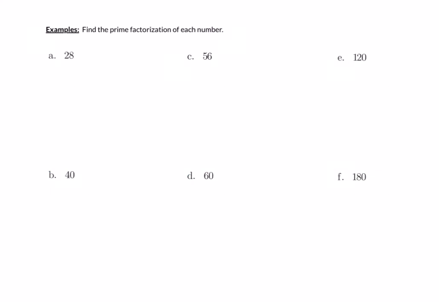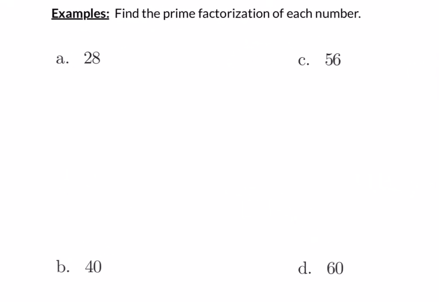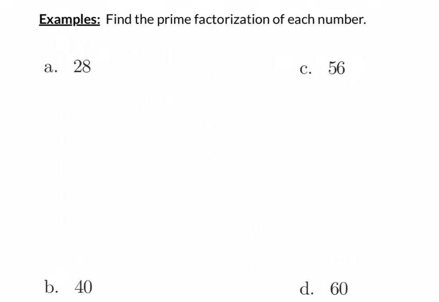The last thing we want to do is some prime factorizations. So, there's lots of different ways to do this. As long as you got it, I'm not really going to care how you get it, as long as you show your work. So let's start with 28. Give me 2 numbers that multiply to 28.